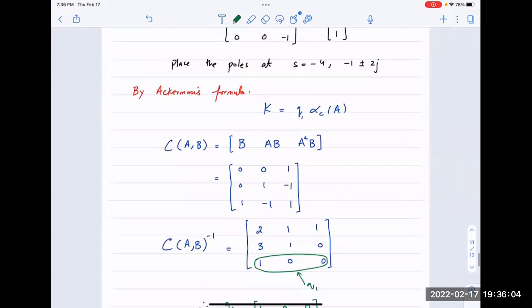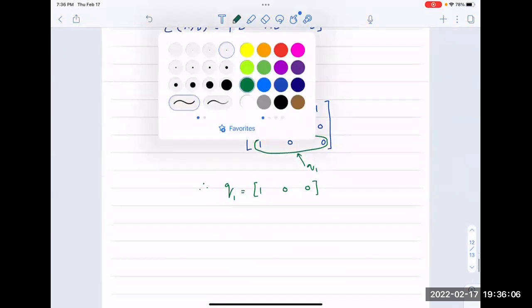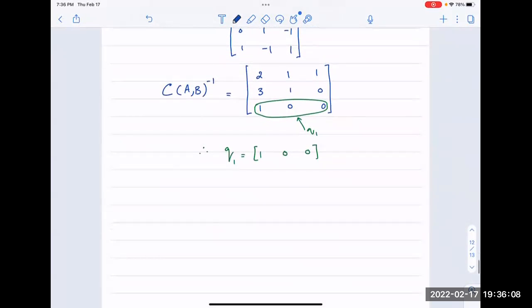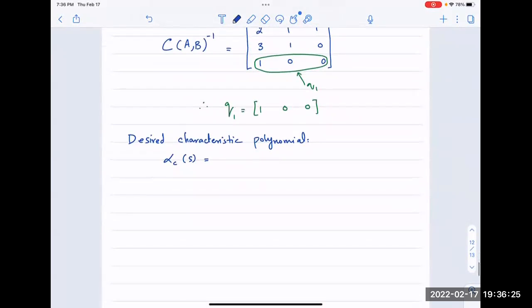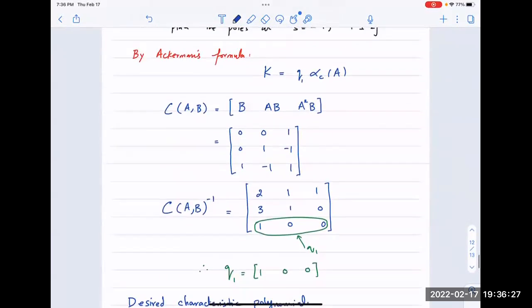And the alpha C is the desired characteristic polynomial. So let's quickly figure out the desired characteristic polynomial, which is alpha C of S. It's going to be based on where the poles should be.